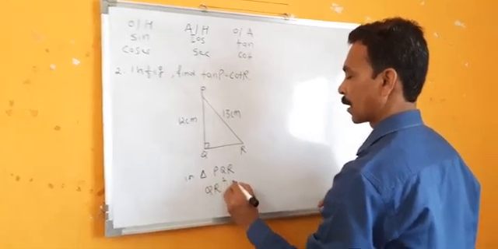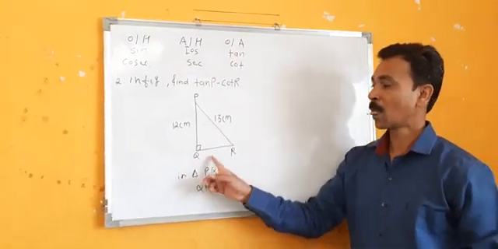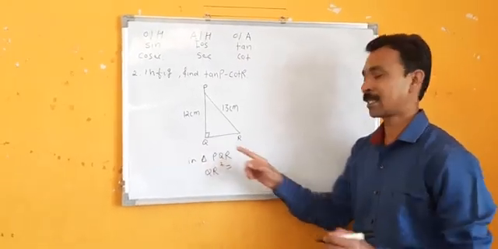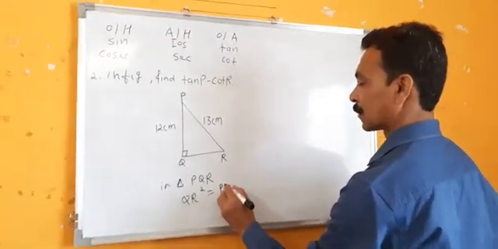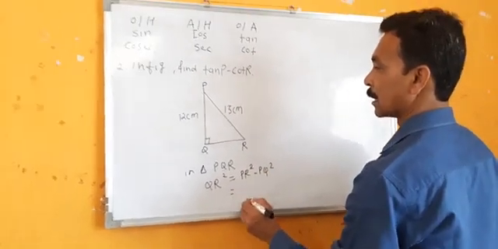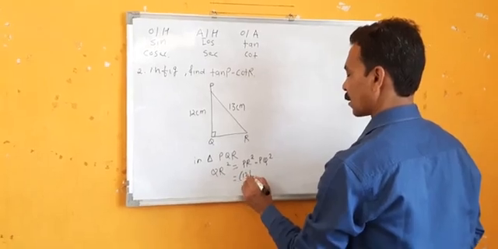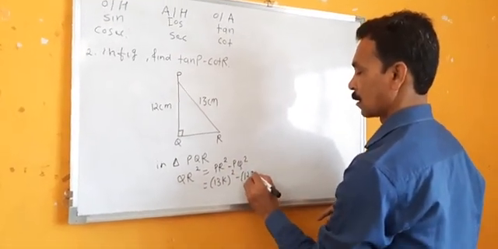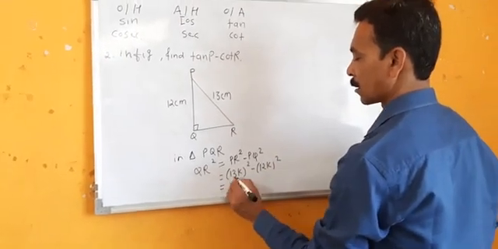Here QR square. Now this is base, right? So we have to subtract, is equal to PR square minus PQ square is equal to 13K whole square minus 12K whole square.